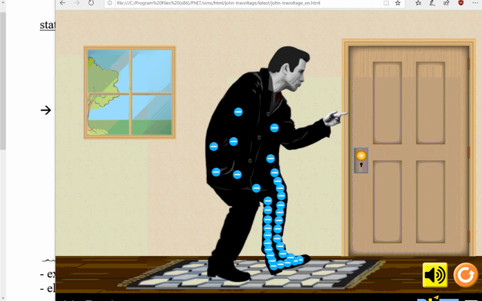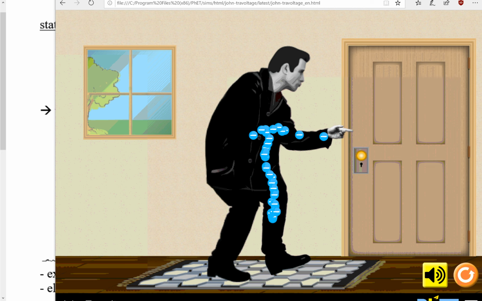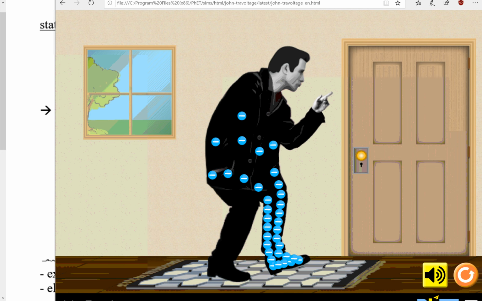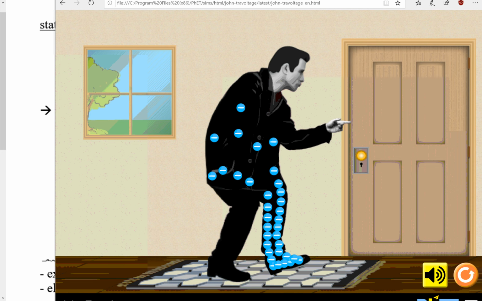Now let's move his arm a little closer. Ouch. As you build up the extra charge on John Travolta, you've got an excess of negative here. The door, on the other hand, has a lack of charge, so these charges won't balance out. And this is the concept of static electricity.